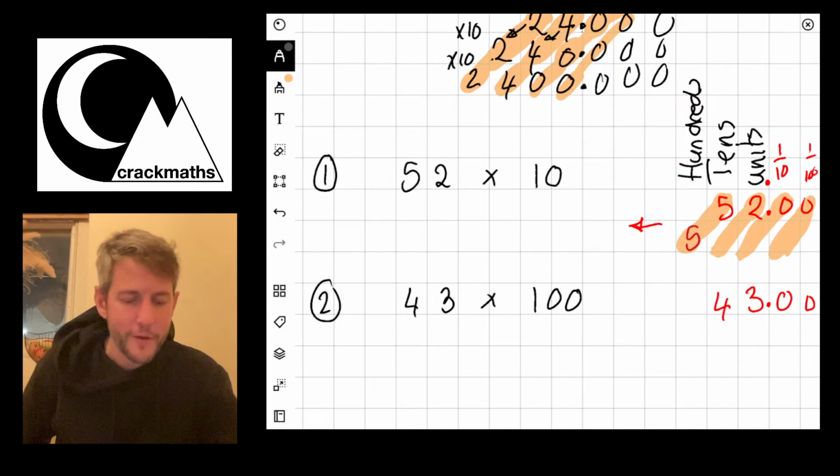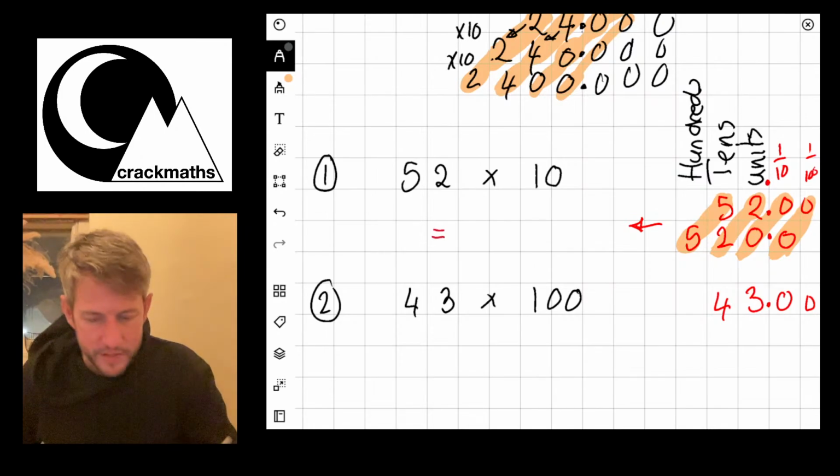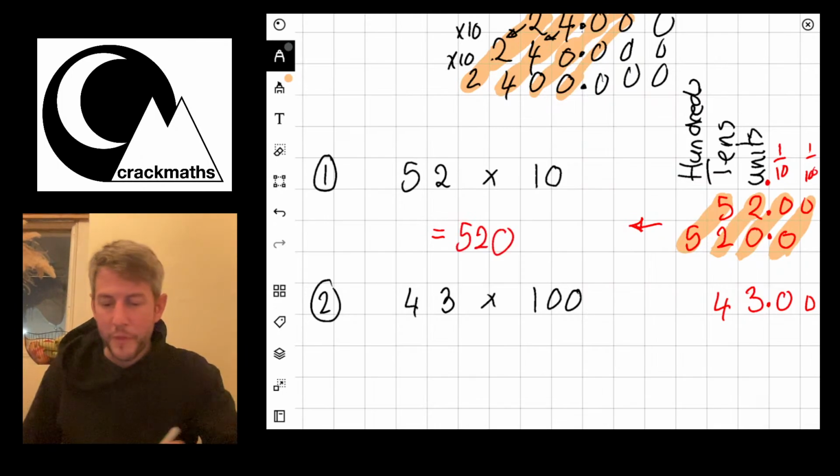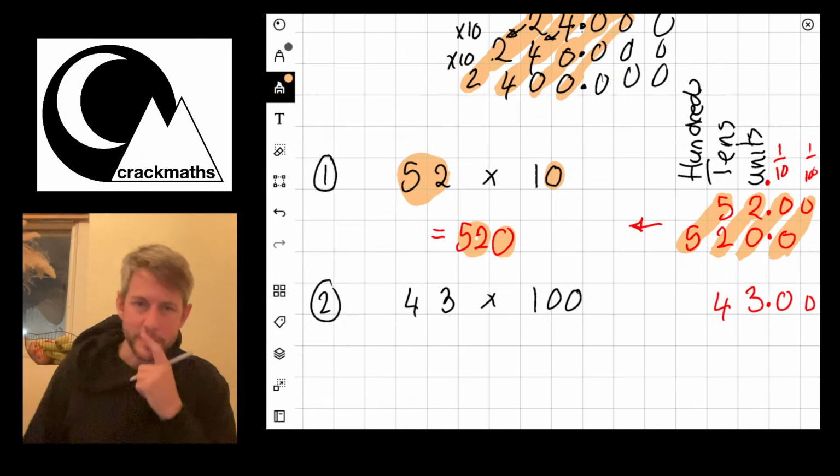We get 5 goes here, 2 goes here, and then 0 goes here, and then a 0 there. So I can see that 52 times 10 equals 520. And with the pattern that I was talking about before, we can see that 52 is repeated here, with the 0 at the end.